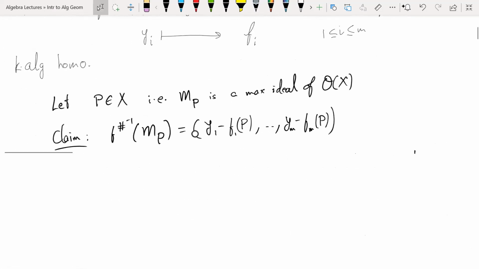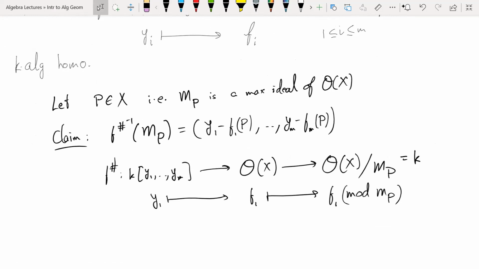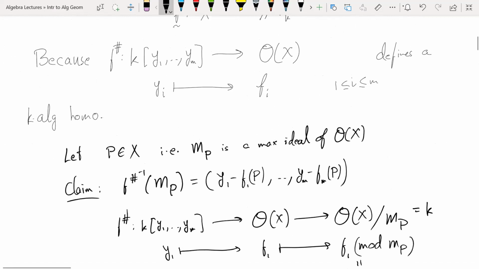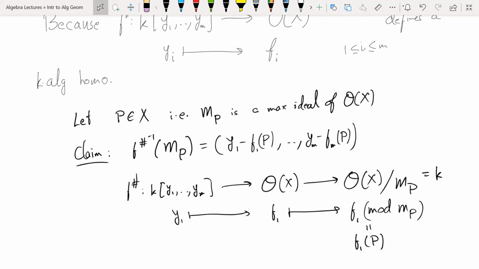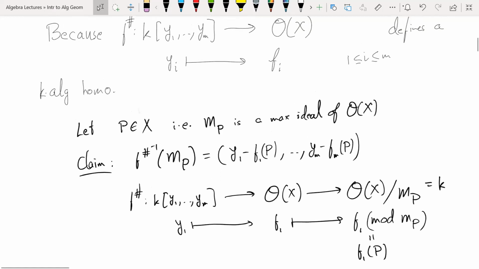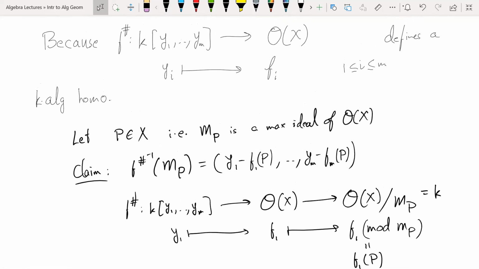So this is precisely f1 evaluated at p. If you evaluate f1 at p, I'll have to fix coordinates here. So one has to fix coordinates.